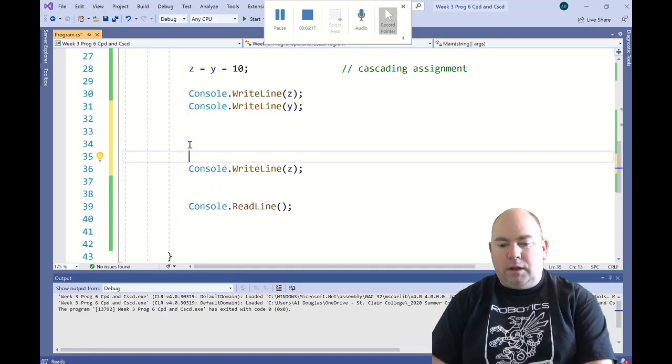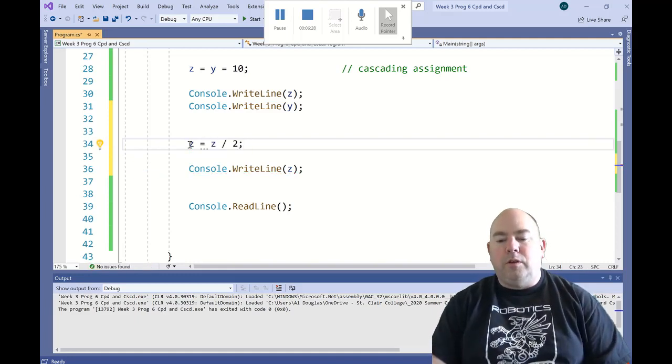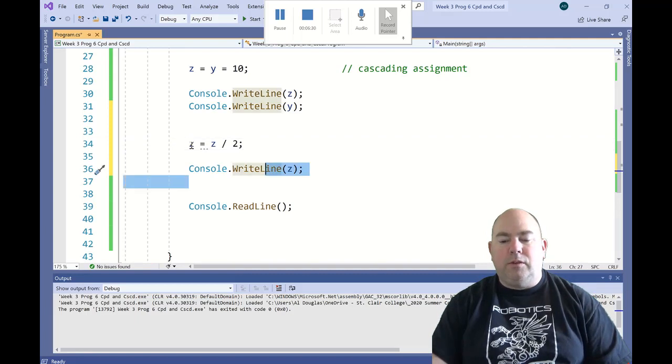You can do some math out here. So z is equal to z divided by 2. That's changing the value of z to a 5.